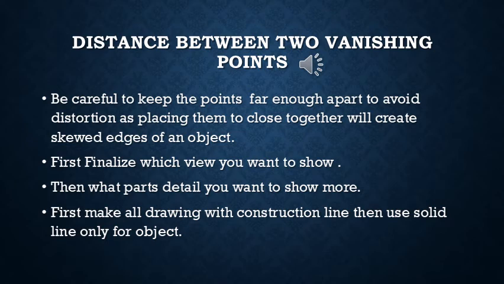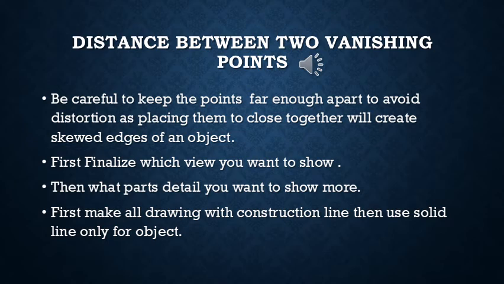So it means that we have to decide where we want to put our object, or where we are going to start our object, so we can show the detail, and which side of the object we want to show more, and which side we are going to show less. That can be decided before you start your drawing. You can decide it in your mind, and then you go for the drawing.